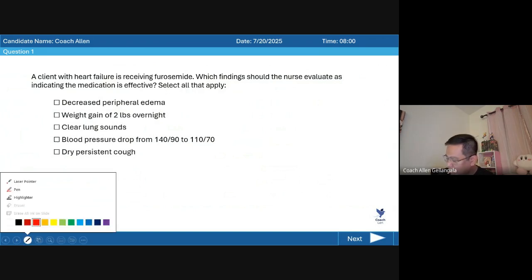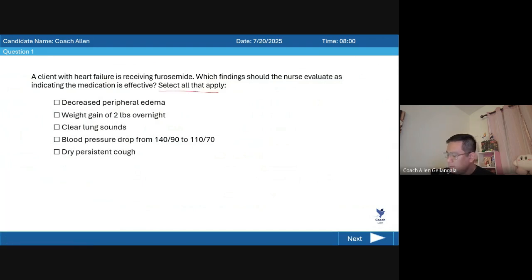The following choices include decrease in peripheral edema, weight gain of 2 pounds overnight, clear lung sounds, blood pressure drop from 140 to 110 over 70, and finally, dry persistent cough. So what will tell us that furosemide is actually working?